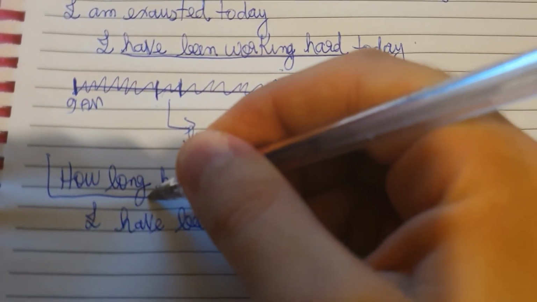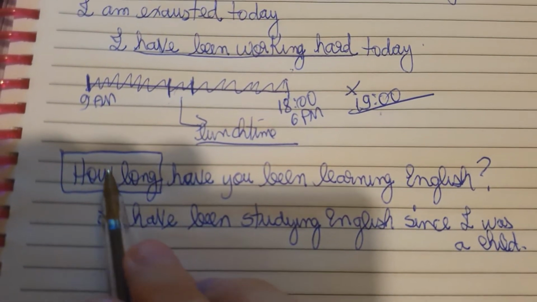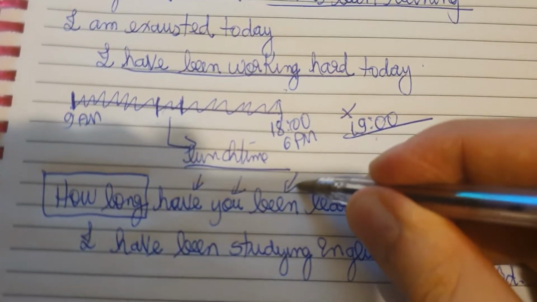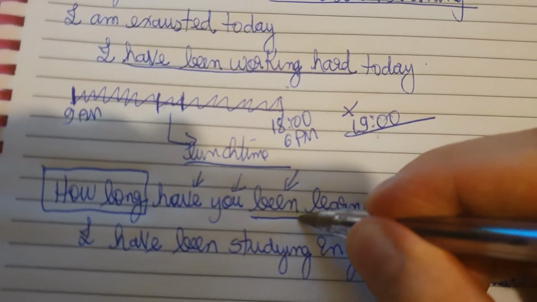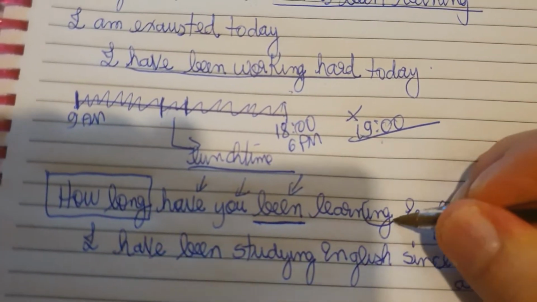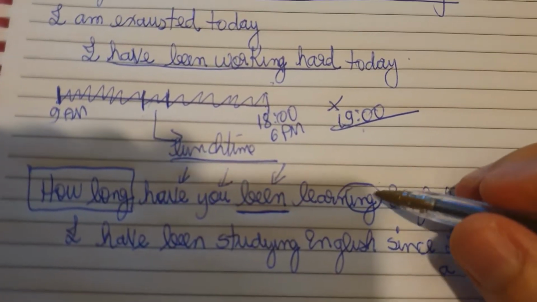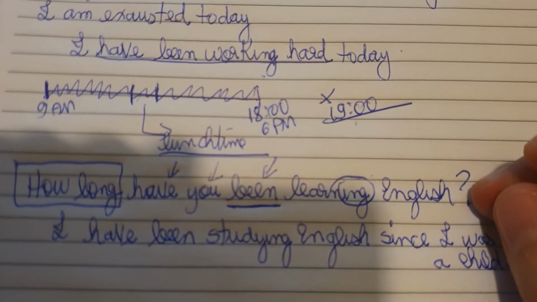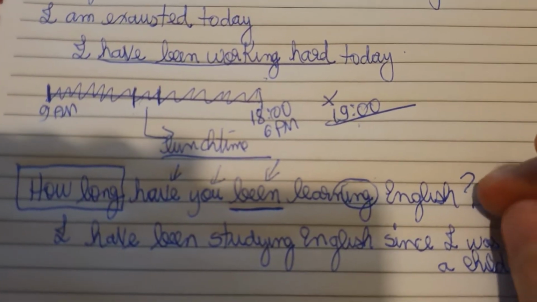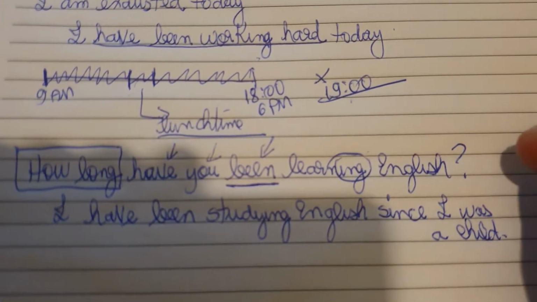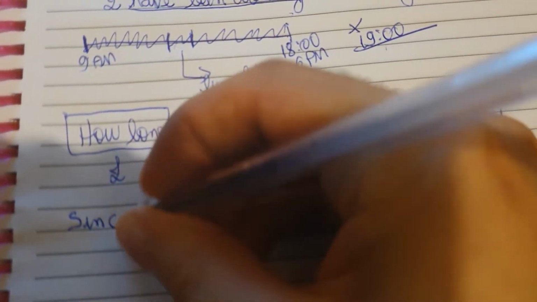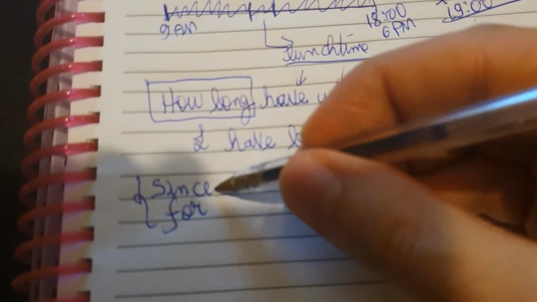How long is a question expression, then have, the pronoun, the verb to be in the past participle, and then you have the main verb followed by ing. So this is the present perfect continuous, and you use such expression when you want to emphasize, you want to know how long something has been happening, the duration of time, and most importantly, in answers, you generally use expressions such as since and for.